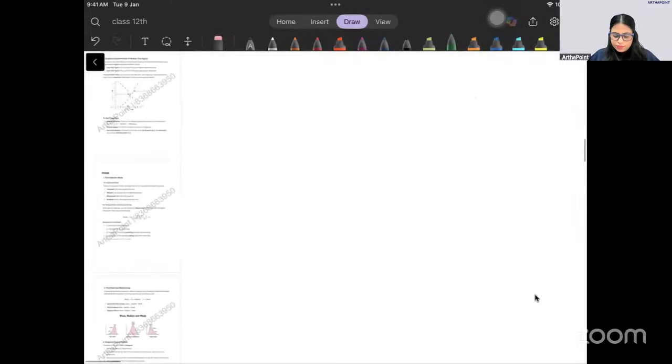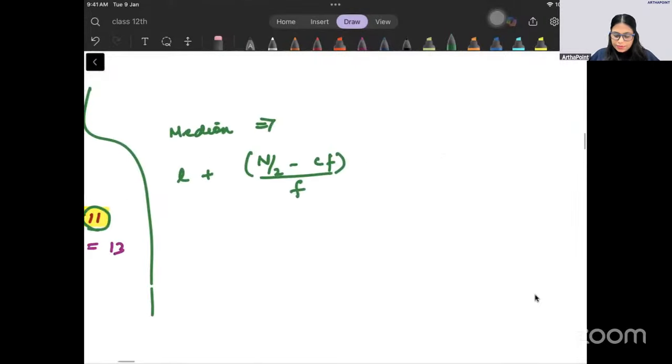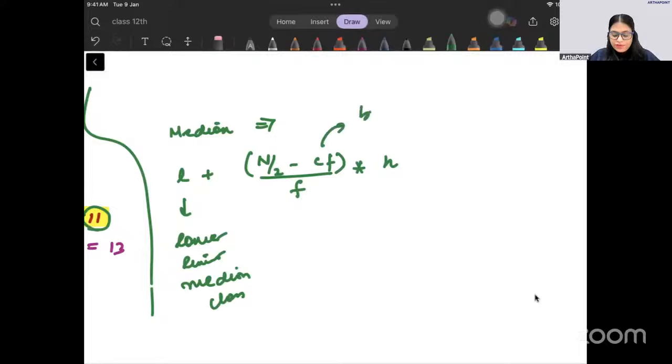Here also we write it down. So L is my lower limit of the median class, right? N is my total frequency, CF is the cumulative frequency, but this is of the class before the median class.